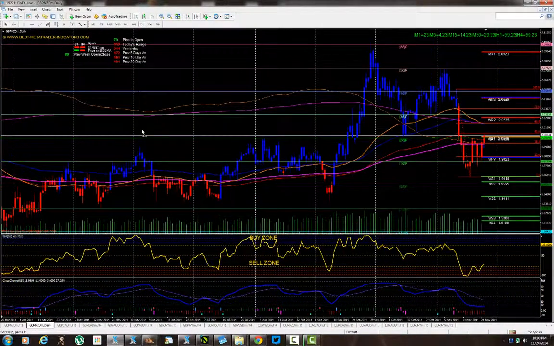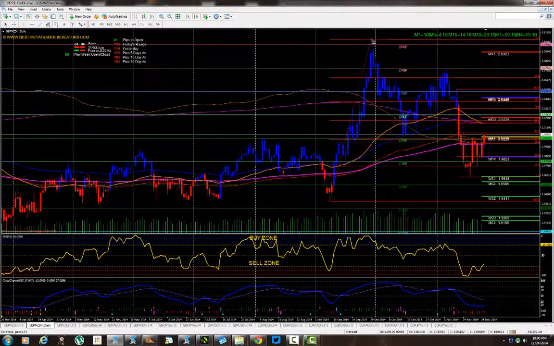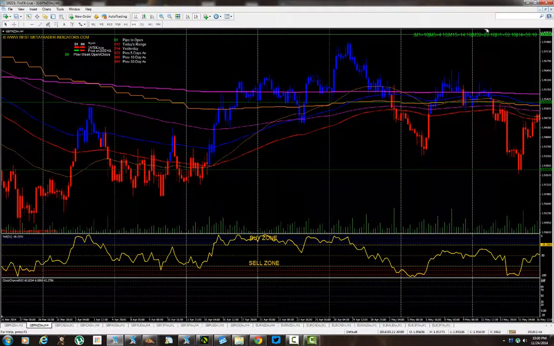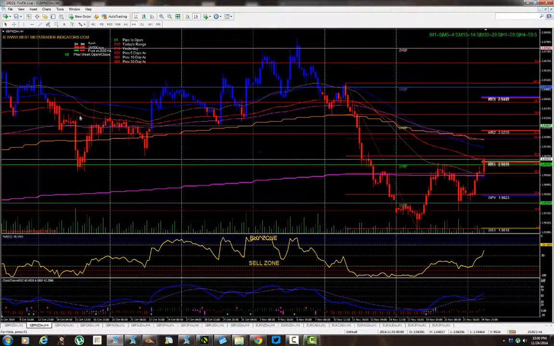So let's go up to the daily because I had this fibbed before I made my new templates. So I'm going to fib the last leg here, last major up move on the daily. And we'll look at that. We'll go back to the 4-hour. All right, so what I was talking about before, you see here, we closed up last week, but we are currently moving down.